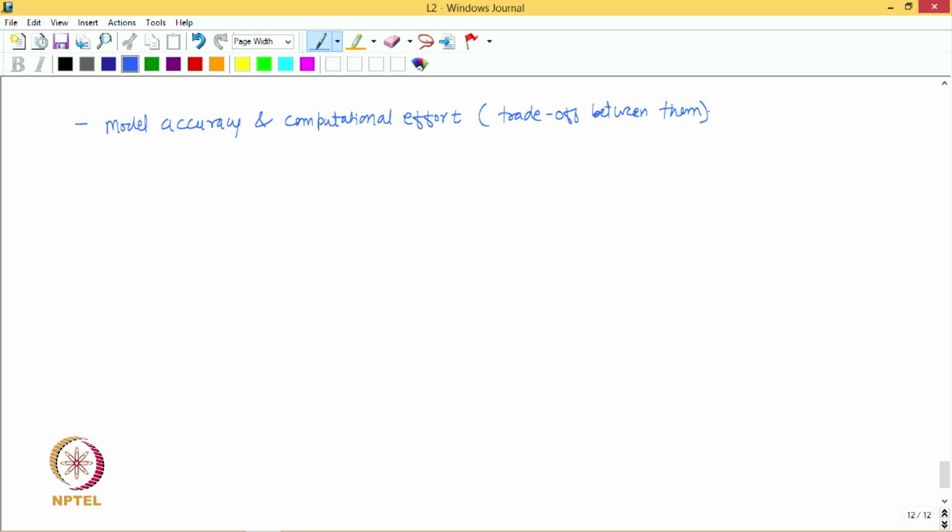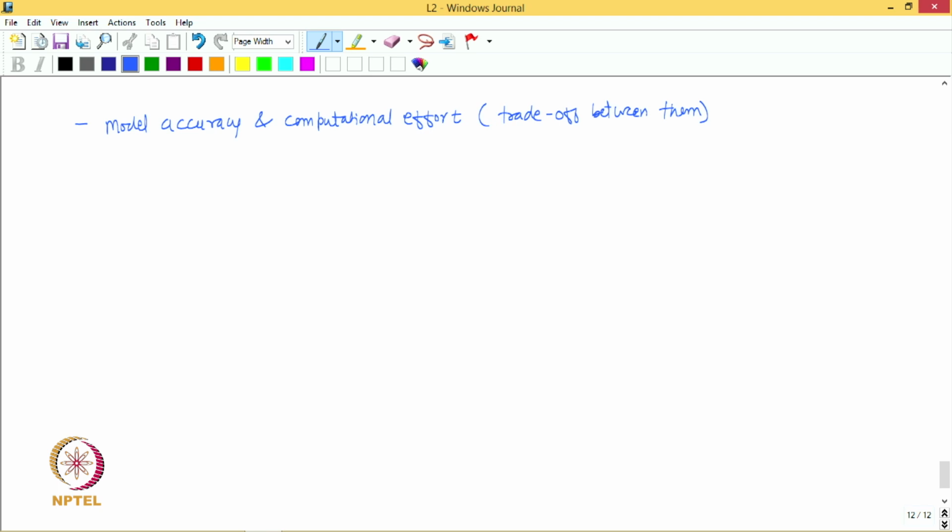As the accuracy goes up, the computational effort also goes up. So improvement in accuracy is desirable, but an increase in computational effort is not desirable. That has to be kept in mind.